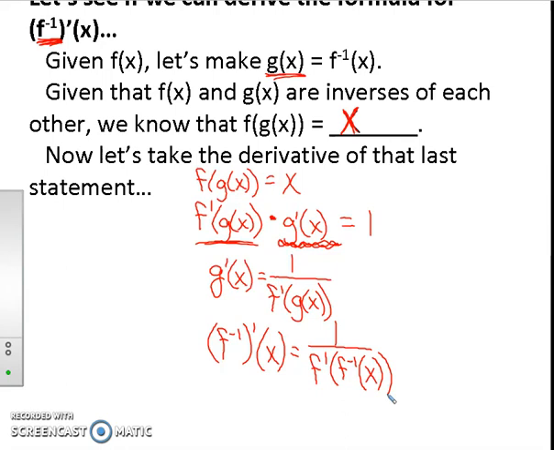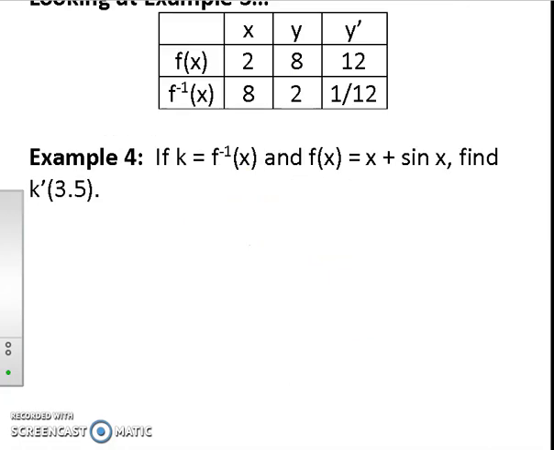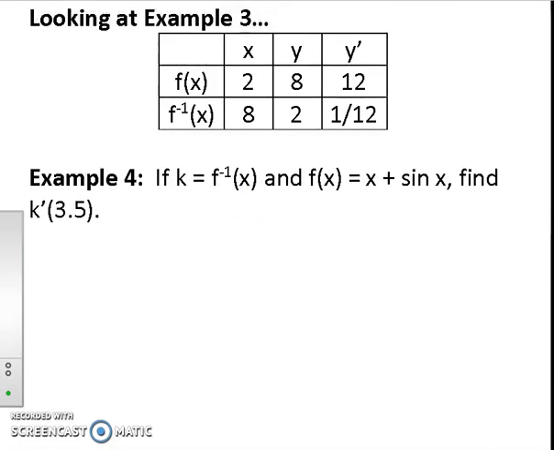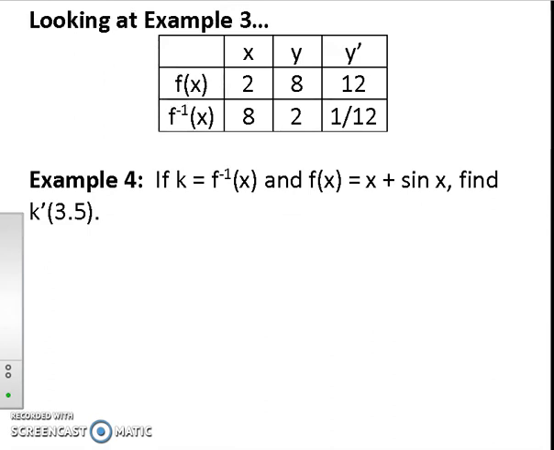Now, that may be a lot to take in with a whole lot of f's, and g's, and negative 1s, and primes, and what's what. But I basically just want you to remember that if it's inverse points, the derivatives are going to be reciprocals of each other. And I'm going to show you a chart that I find really helpful for keeping this stuff straight. So, looking back at example 3, I would have made myself a table to organize the information.